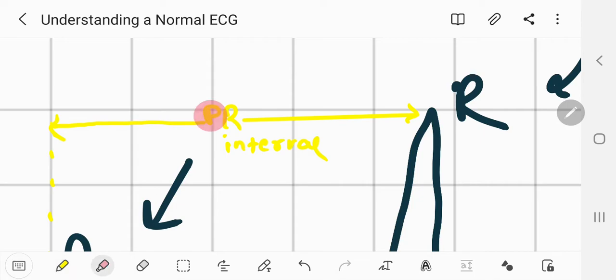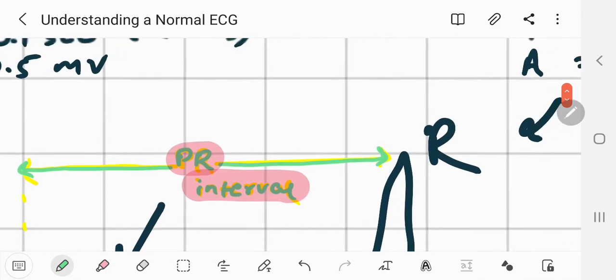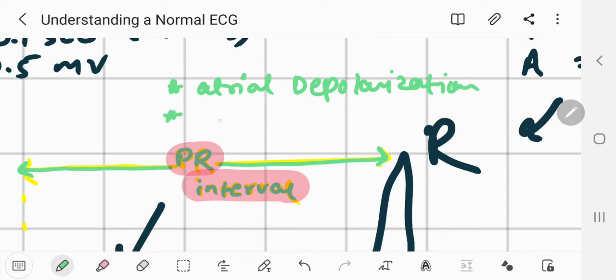It's not visible. I'll use the other ink. So the PR interval tells us about the functioning of atria and AV node. So it tells us about atrial depolarization time along with the P wave, of course, and also tells us the AV nodal delay.